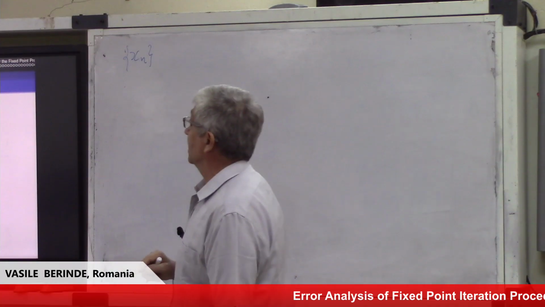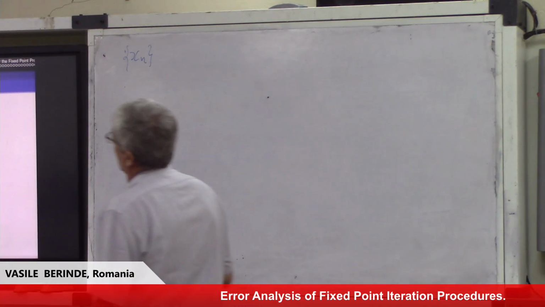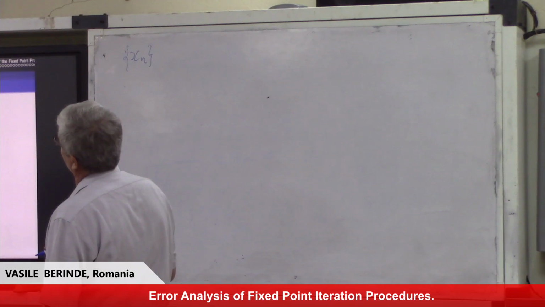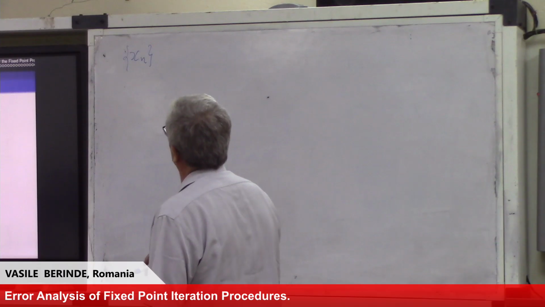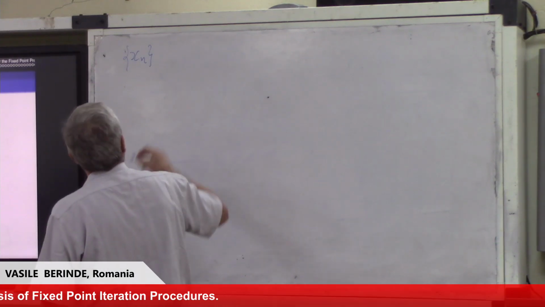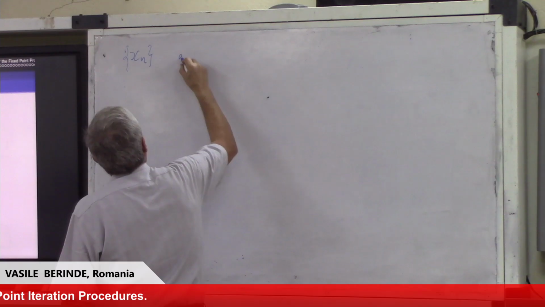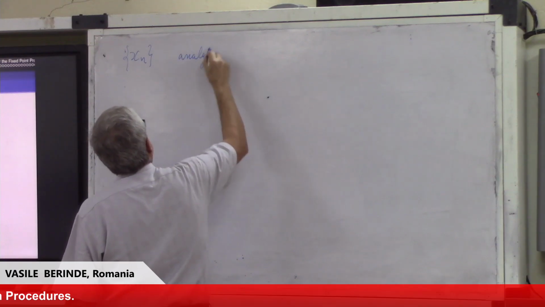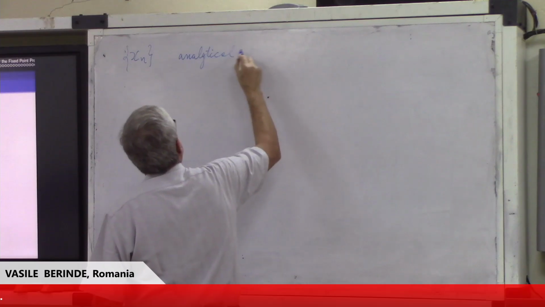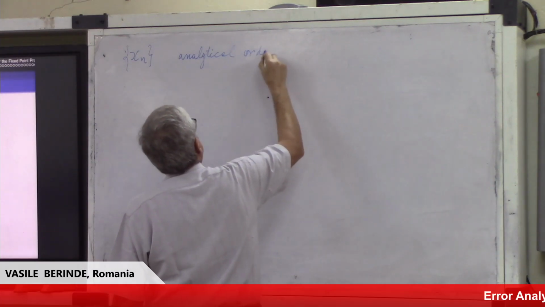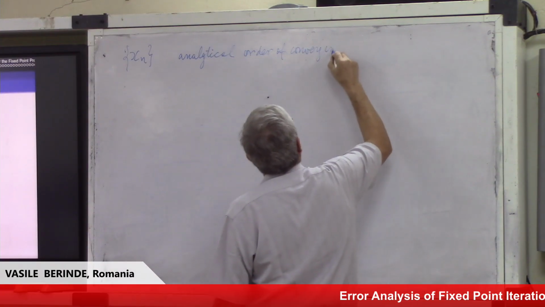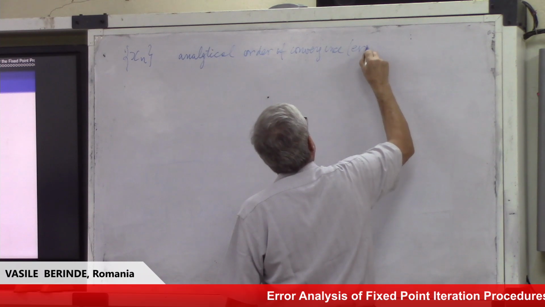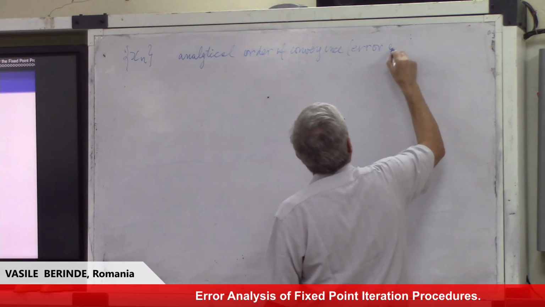We can get rate of convergence or error estimates for most contraction type mappings, even for almost contractions. But so we have an analytical order of convergence or error estimate, sometimes only an error estimate.